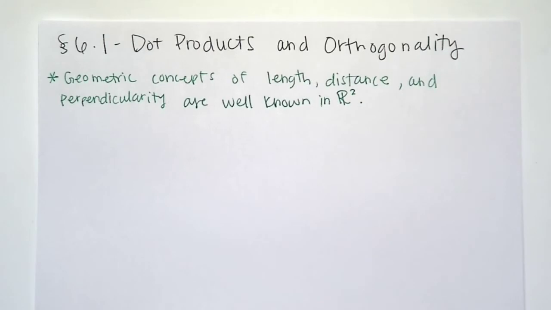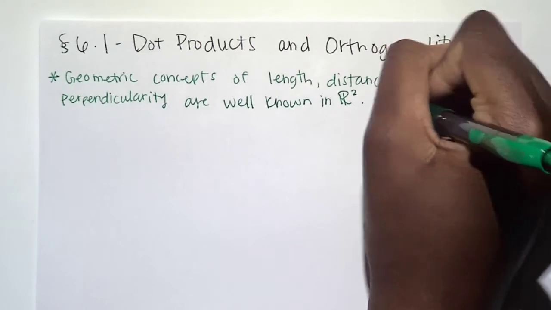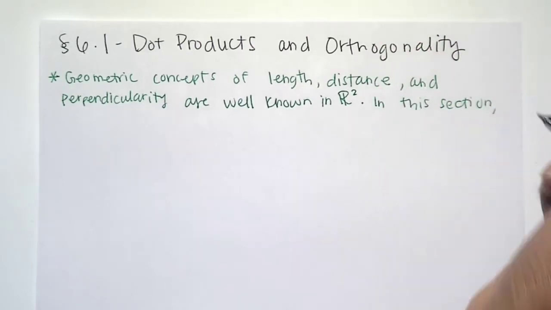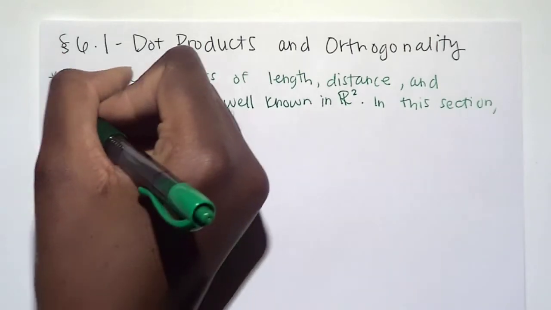So you know how to find length, distance, and if 2 lines are perpendicular in 2 dimensions. Very easy to do. You can go back to pre-calculus to remember. But in this section, we will define them for Rn.